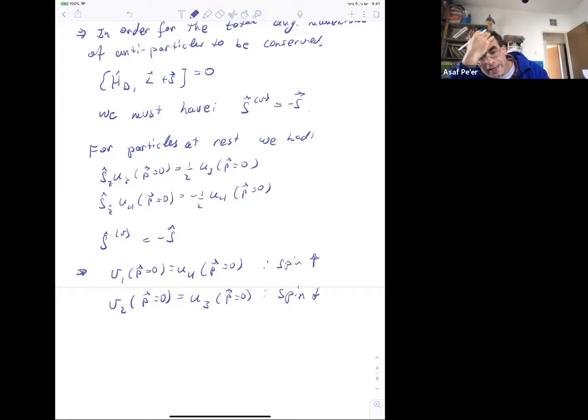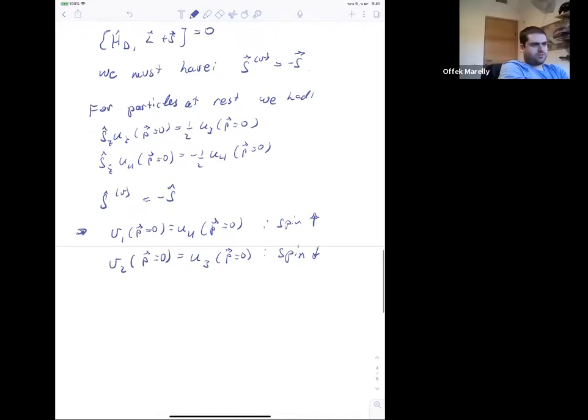This, by the way, is exactly what you'd expect in the Dirac interpretation. The state V1 we interpret as an electron with spin up that is missing from the sea. So it really represents a positron with a spin down. Could you repeat that last part?